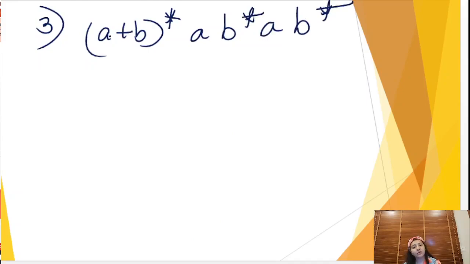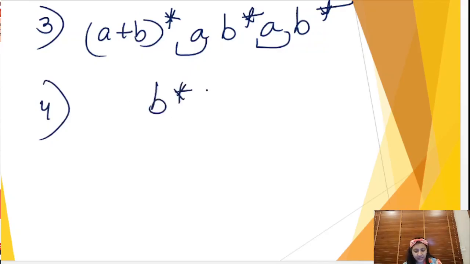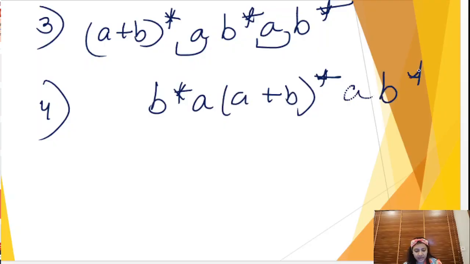This is also one of the regular expressions to represent at least two A's, and then anything in between, before it, after it, anything in the middle, that is a valid string of A and B. Let's say if I write B star, then A, then (A+B)*, then A, then (A+B)*. Again a valid string. These two A's are mandatory, and then anything can be before it and after it.